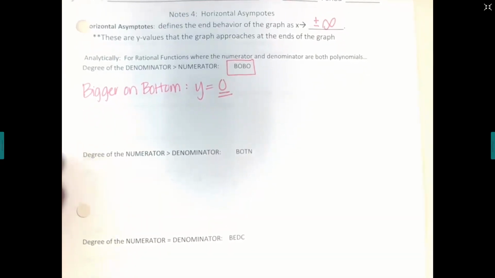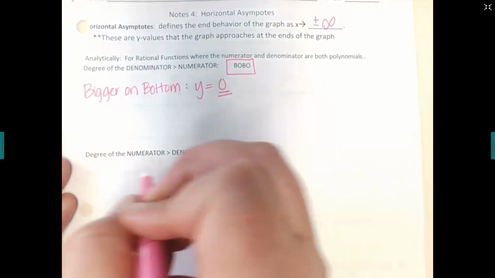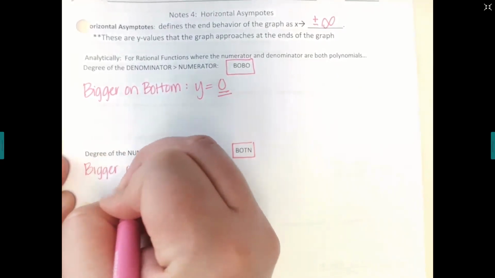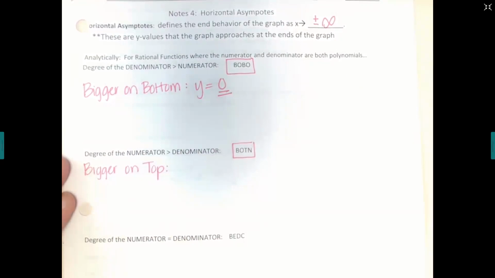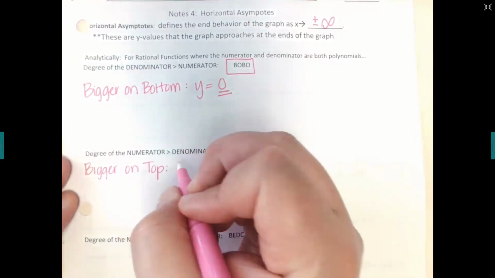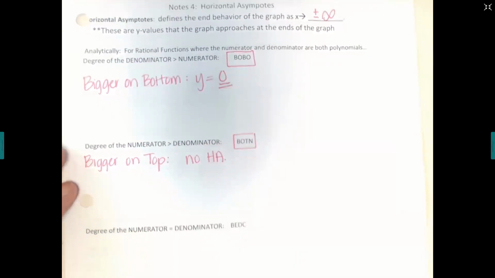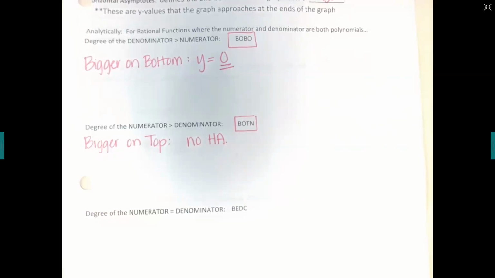The other option is it could be bigger on the top. So that's BOTN, bigger on top, and the N means none, or that you don't have a horizontal asymptote. So if the bottom is bigger, your asymptote is 0. If the top is bigger, you don't have one.